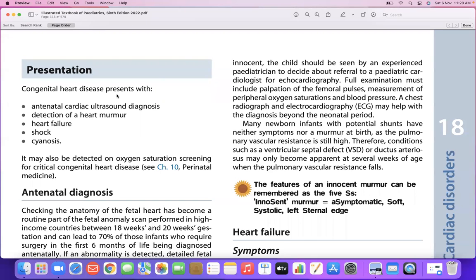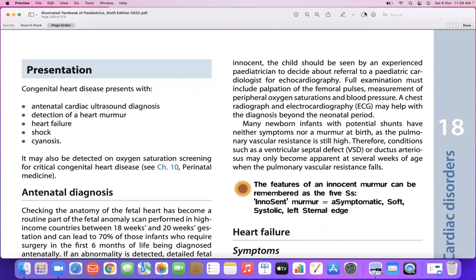So how does congenital heart disease commonly present? Sometimes by the anomaly scans you do at 20 weeks, by the antenatal scans, it can be detected. Sometimes it can be clear by the antenatal scans.